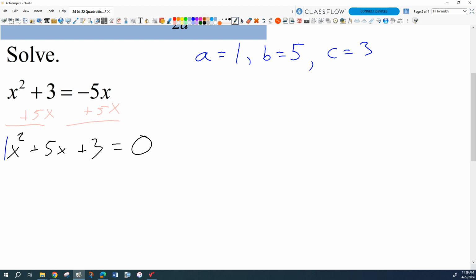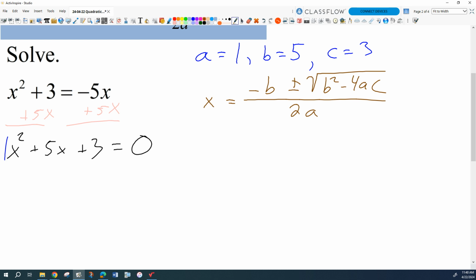And again, what's the quadratic formula? X equals. Okay, so then we just have to plug and chug. Just plug numbers in and simplify our answer a little bit, and that's it, right?